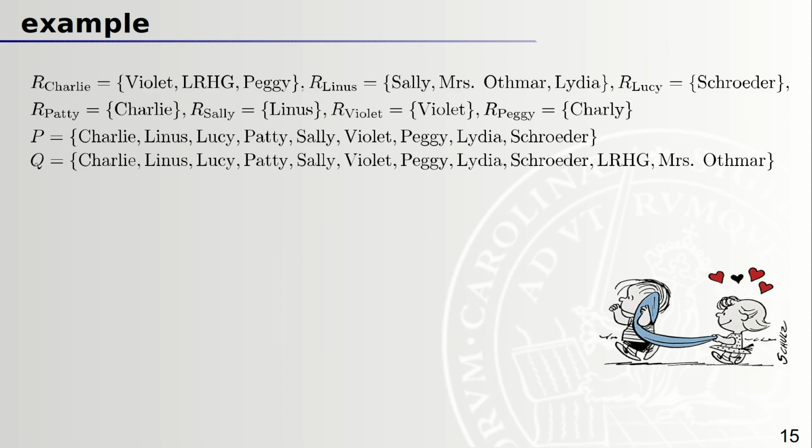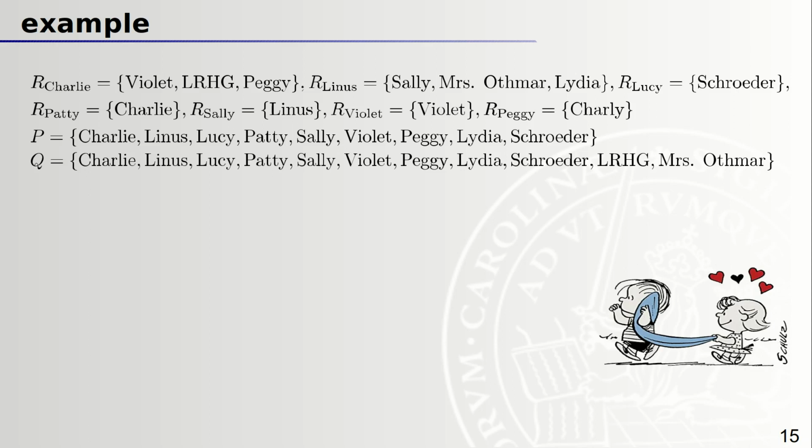As an example, let's look again at a network of romantic interests among some of the Peanuts characters. Let's say we have two sets of these characters, P and Q, and a number of documented crushes, the R's.